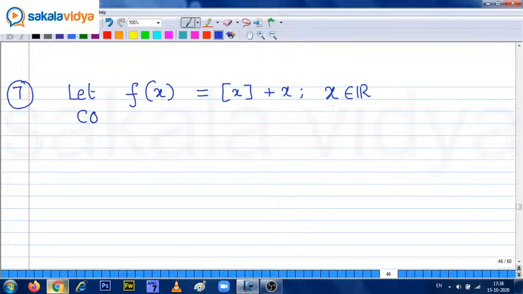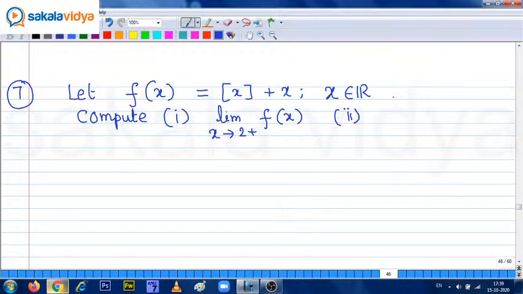Compute means you need to calculate. Compute first one, limit x tends to 2 plus f of x. Second, we need to find out limit x tends to 2 minus f of x.